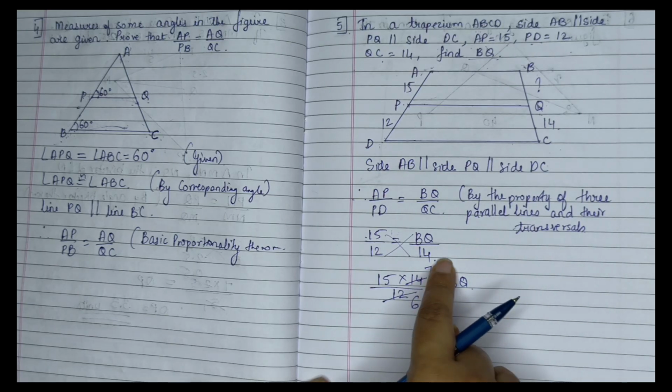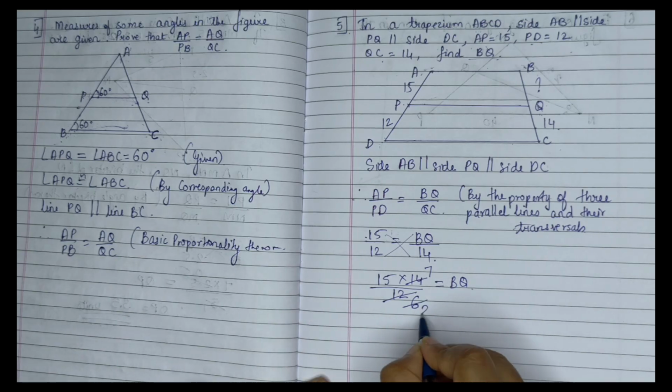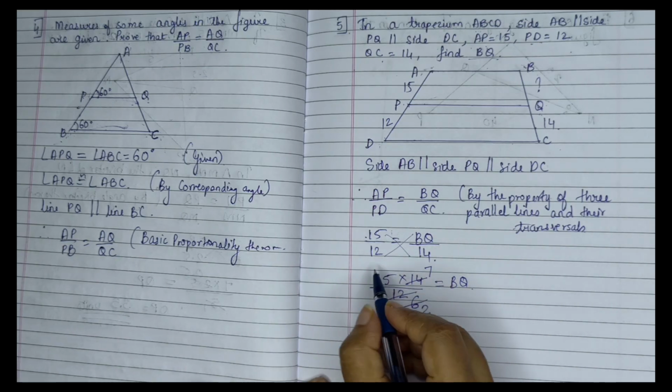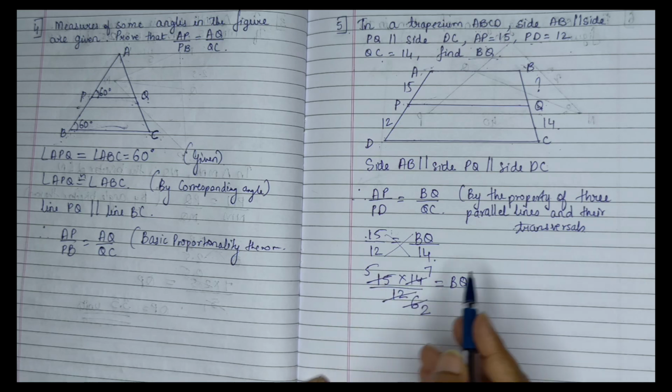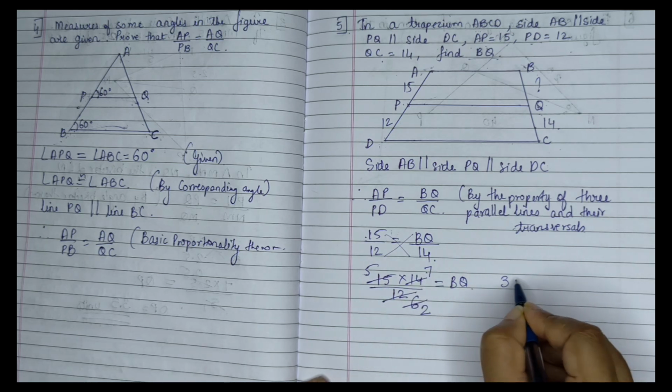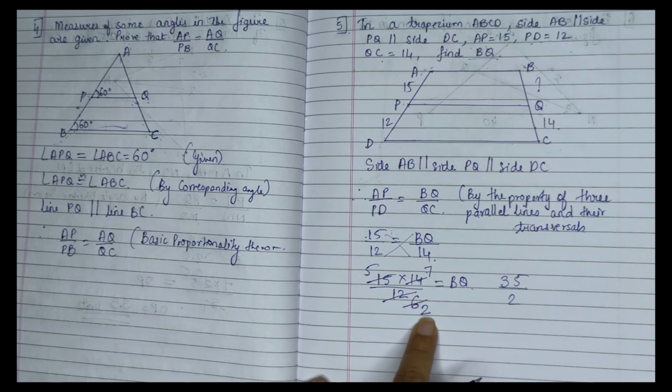In the 3 times table, 3 2s are 6 and 3 5s are 15. Now we cannot reduce further, so 5 7s are 35 upon 2.